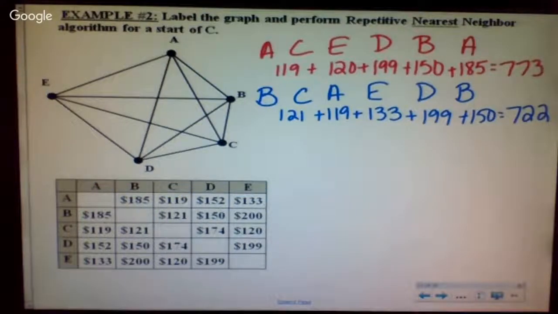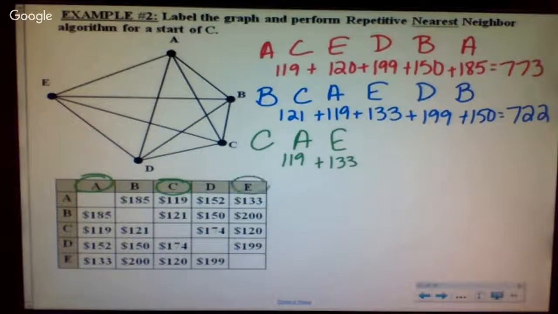We do it again. This time, I'm starting at C. If I start at C, my first stop should be A, 119. My next stop then, from A, I can go anywhere but C. E, 133. I'm now at E. I can either go to B or D. D, 199.